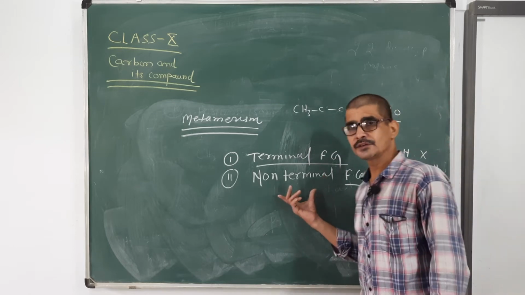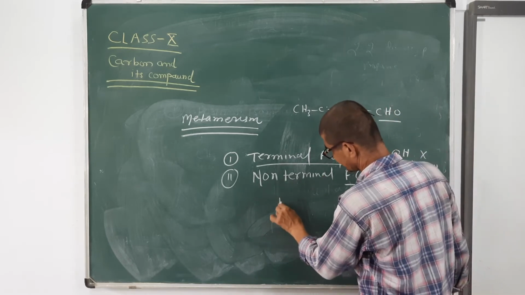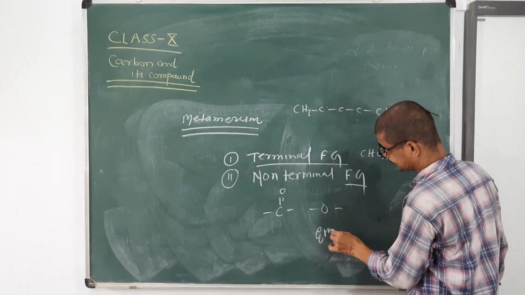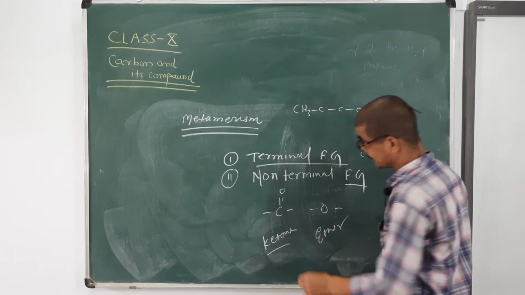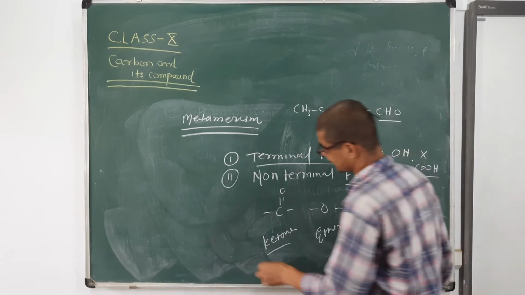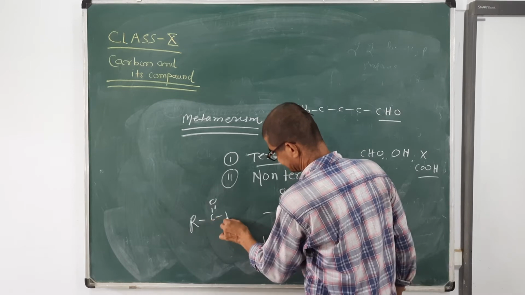But as far as non-terminal functional groups are concerned, such as ketone and ether, R is an alkyl group, ROR. It is called ketone because these functional groups are present at the middle of the carbon atoms.